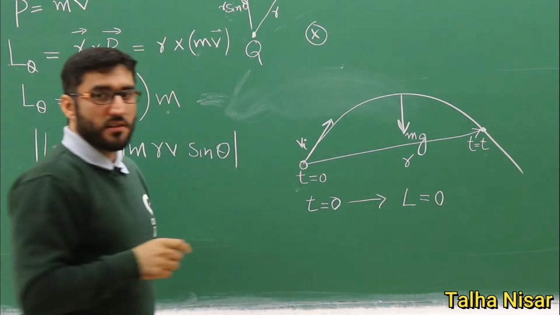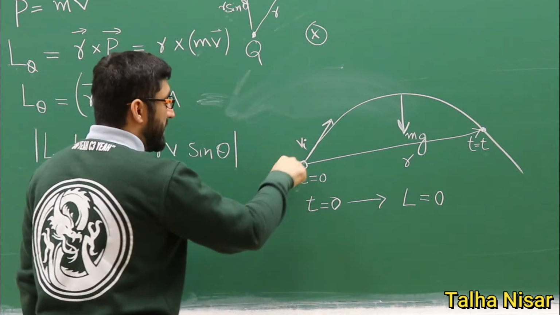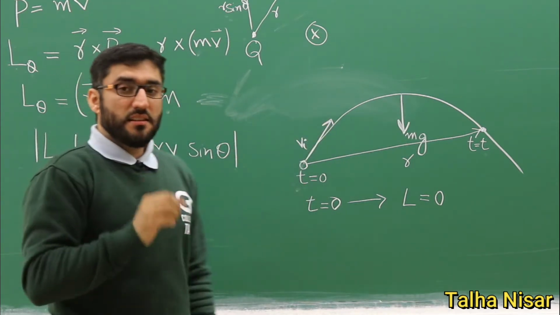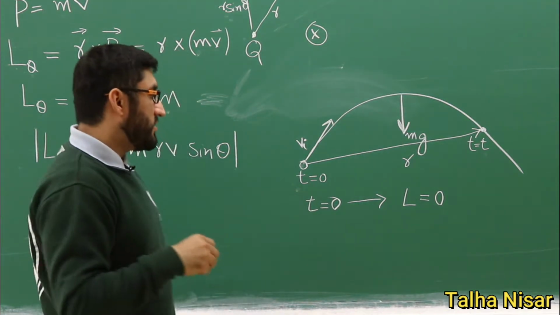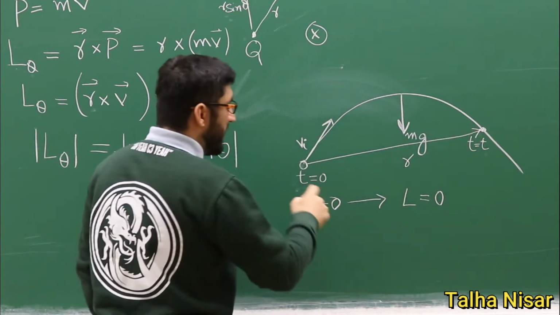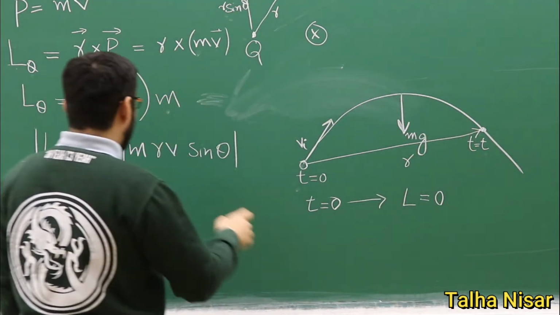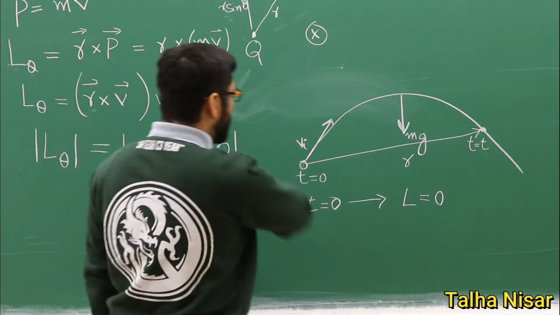Although this object has some mass and some initial velocity, the linear momentum is there, but the angular momentum is 0. At this other point, we have the r, and then we have the velocity and also the mass.